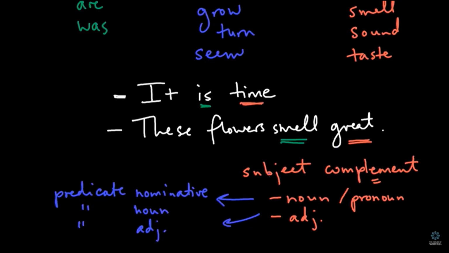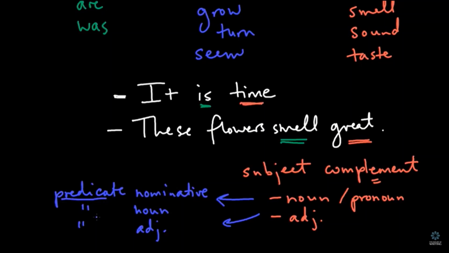Again, whatever comes afterwards is called a subject complement. If it's a noun or pronoun, especially if it's a noun, it's called a predicate nominative, and if it's an adjective, it's called a predicate adjective. But why is it called like this? Well, the predicate is, of course, everything that describes the subject.